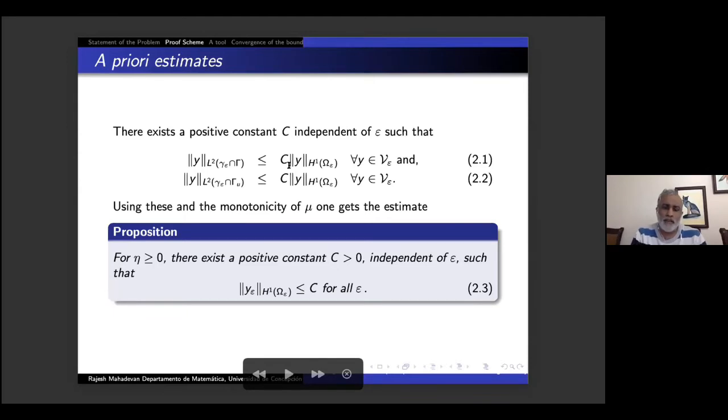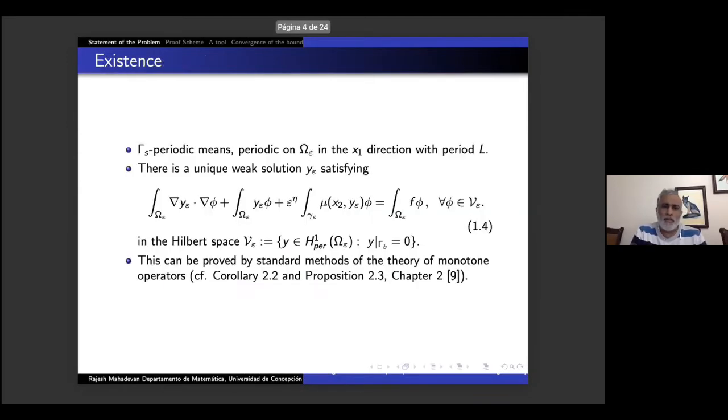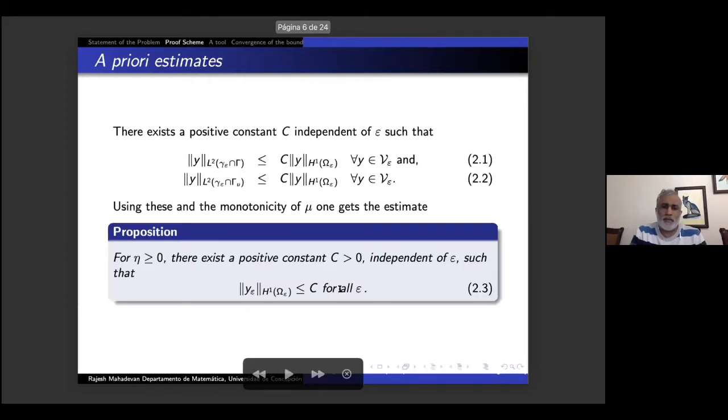And once you have it, if you go to the weak formulation and take phi equals y epsilon, since this is a positive term because of the monotonicity assumption, it can be dropped, and you will have quite easily the following estimate for the H1 norms of y epsilon.